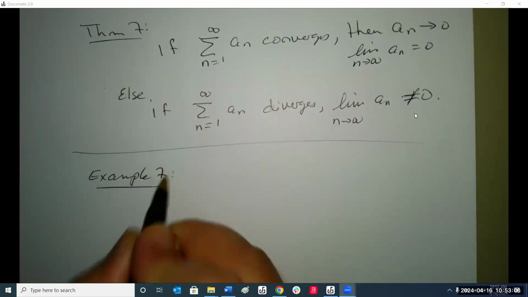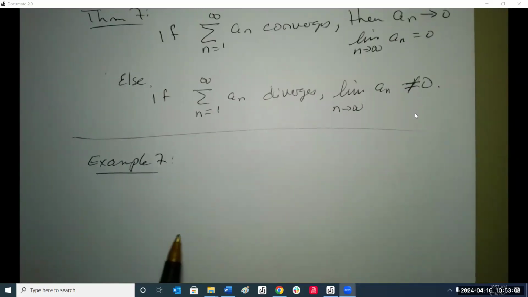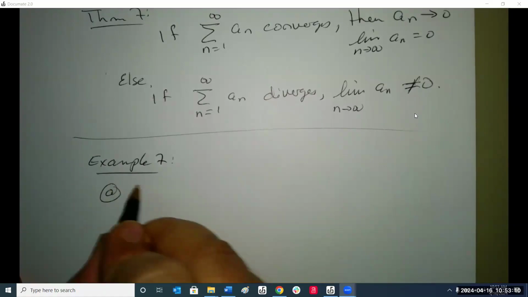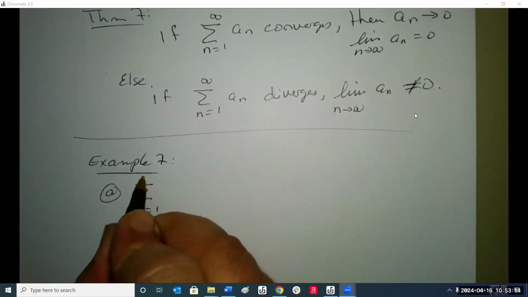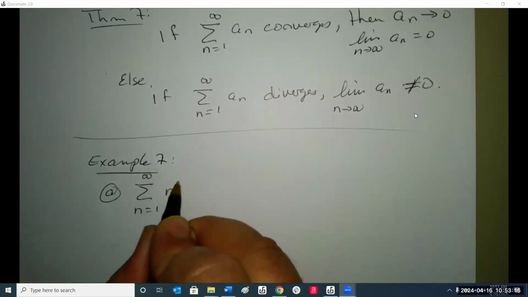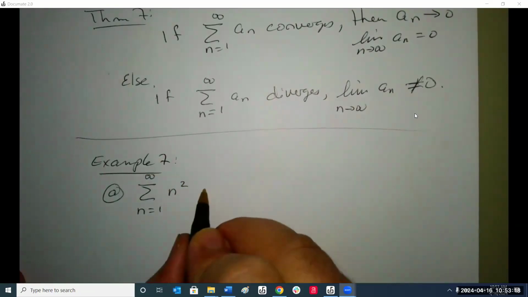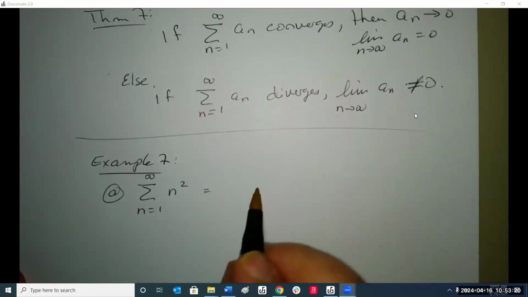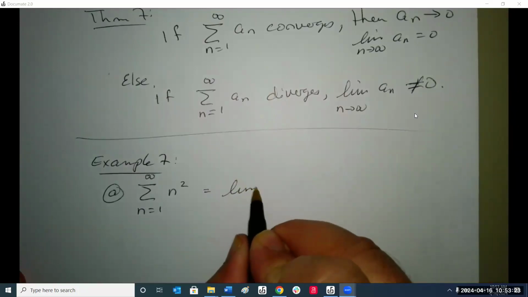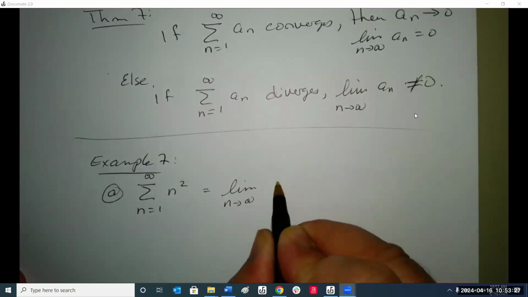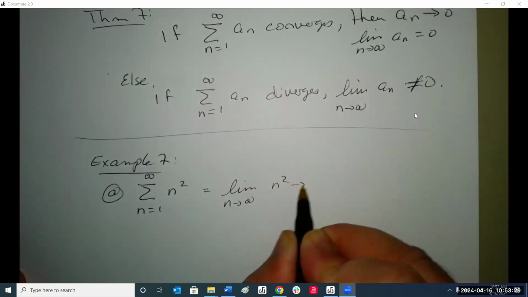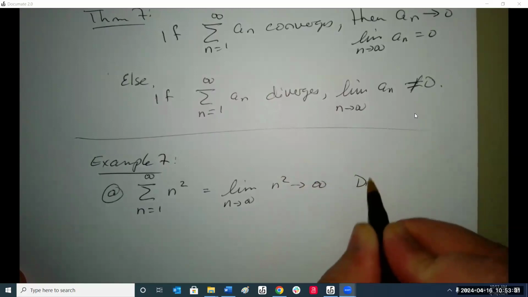Example 7. The summation as n goes from 1 to infinity of n squared. So the limit as n goes to infinity of n squared goes to infinity, so it diverges.